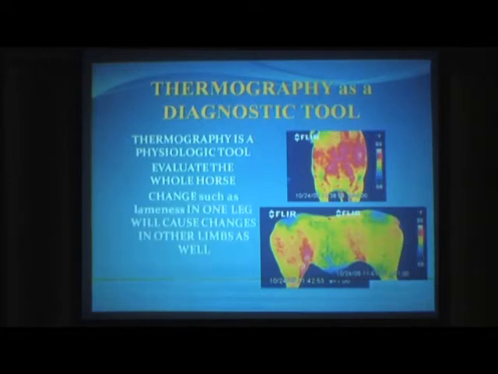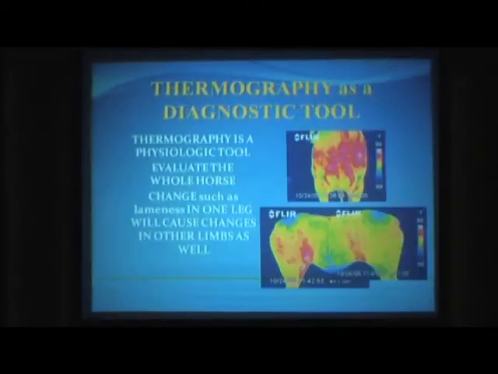If it's changed, then I know I've got the problem treated. Lameness in one leg will cause changes in other limbs as well. These animals will compensate from one leg to another. Look at the bottom two pictures here. These are the flanks of the same horse on the right side and the left side. You notice on the right side, down at the bottom, it's more red than on the left side.